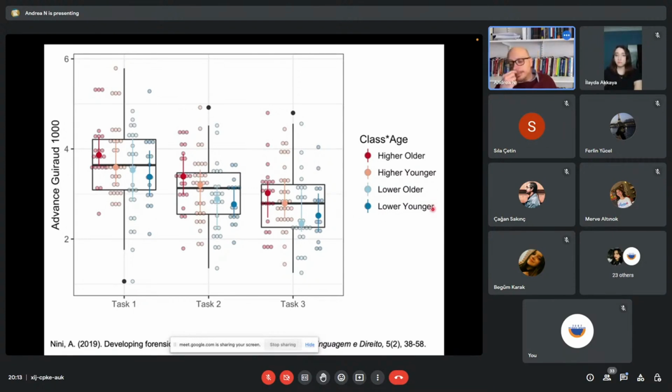So what we see is that if we zoom in on task 1, if we look at the box inside the box in task 1, we see that higher older individuals tend to have a lexical richness that is higher than the higher younger, and again, this is higher than lower older and then lower younger.